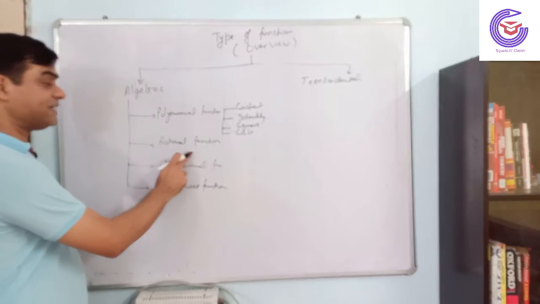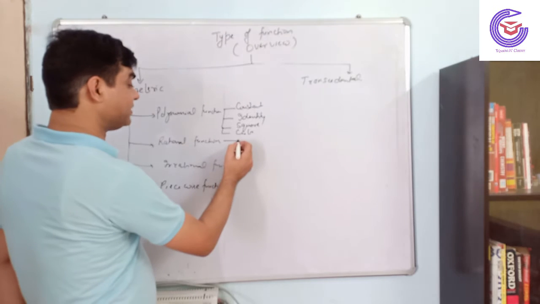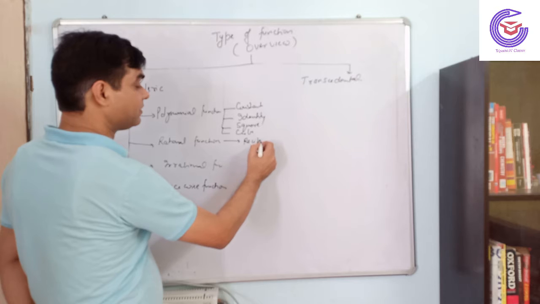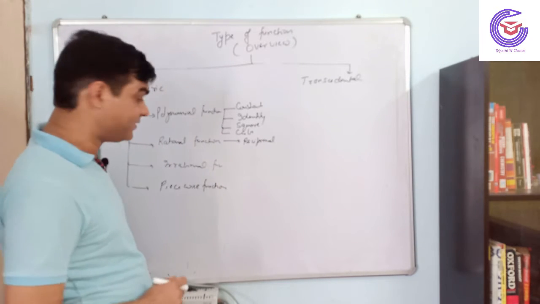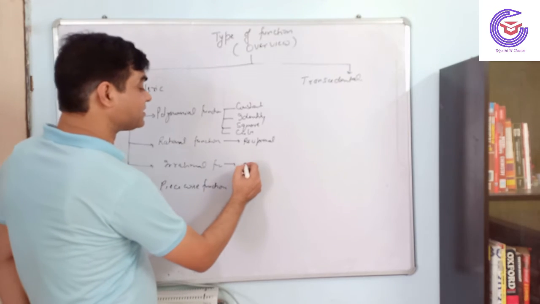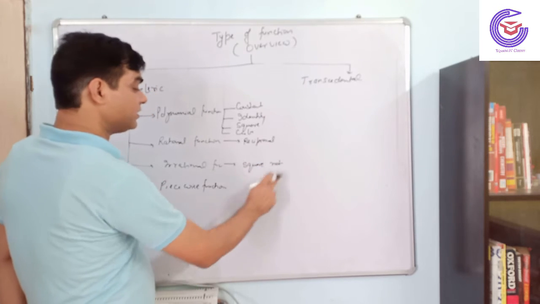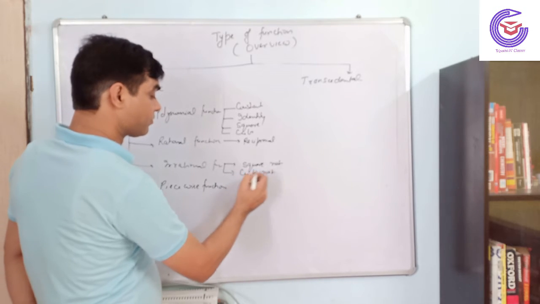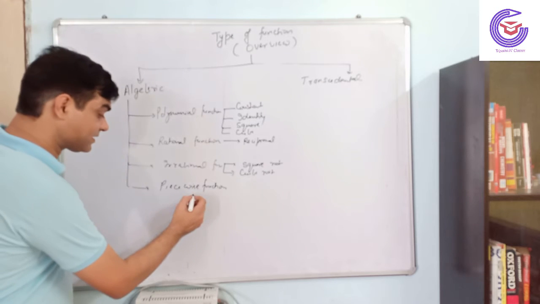In the rational function, mainly the first category is called reciprocal, and we will cover some more when we go into detail of the rational function. In the irrational function, we have square root function and cube root function.